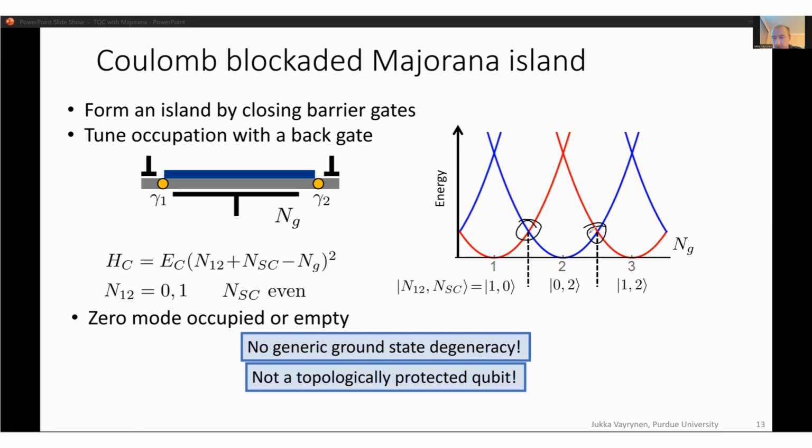These parabolas cross, and then you have a degeneracy. But generically, apart from these fine-tuned points, you don't have a degenerate state, and it therefore would violate the first rule of making a topological qubit.